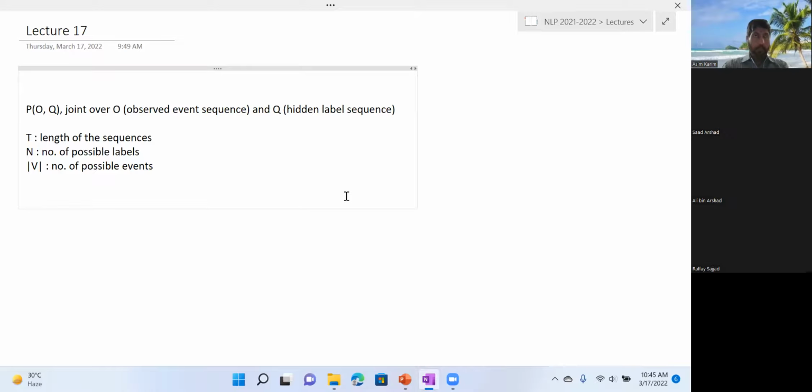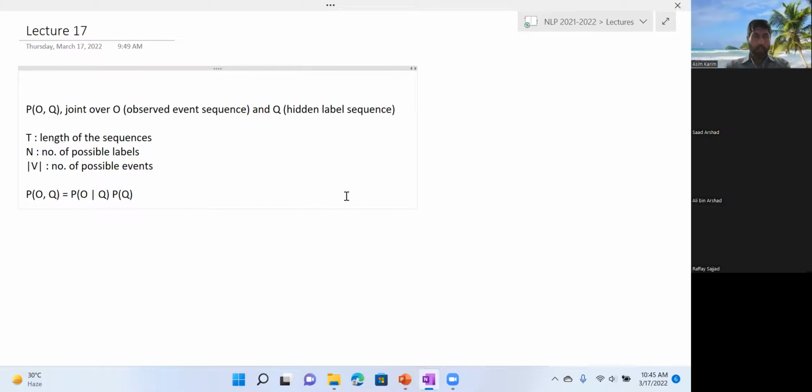So let me write this joint. Using the product rule of probability, I can write this as probability of O given Q, times probability of Q, right? So this is the simple product rule. Of course, you can use Bayes rule as well, but Bayes rule also is developed from the product rule.